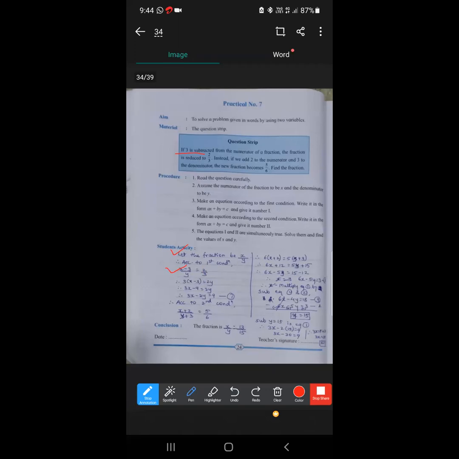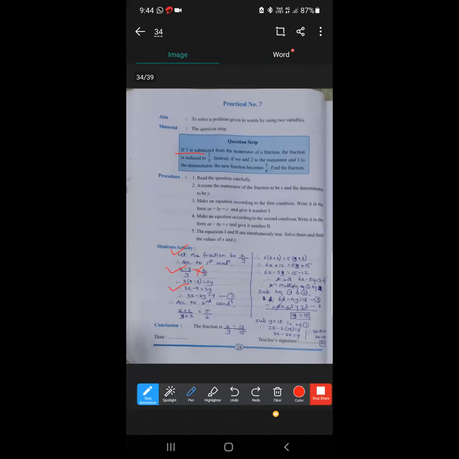Now ratio is given, so cross multiply: 3 into x is 3x, minus 3 into 3 is minus 9, is equal to 2 into y, which is 2y. So after cross multiplication, you get 3x minus 9 is equal to 2y.